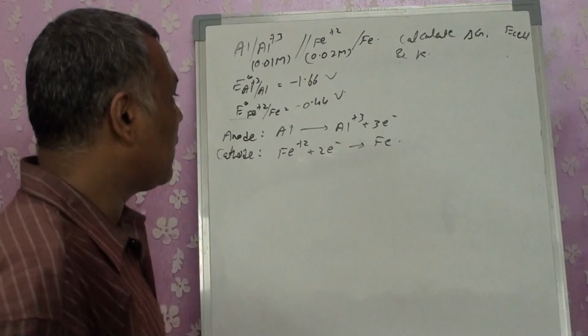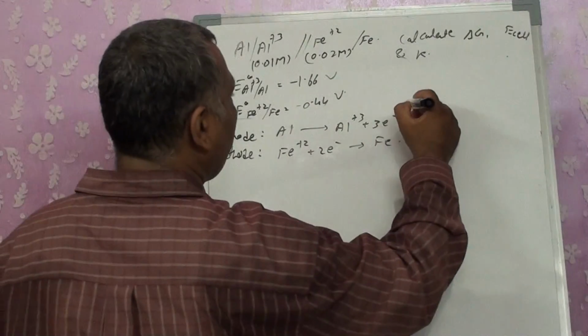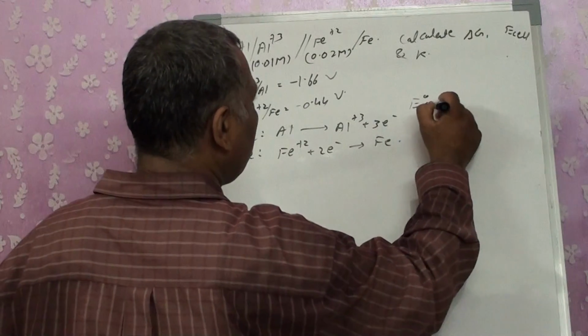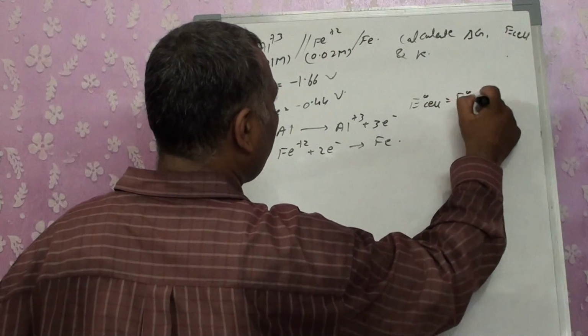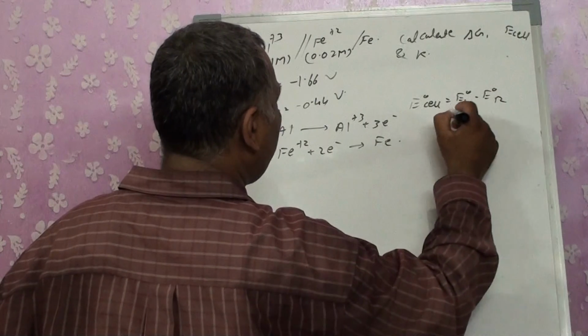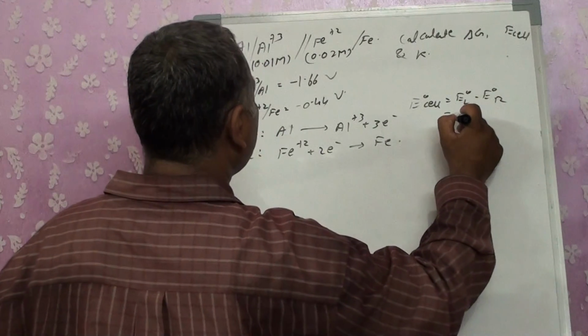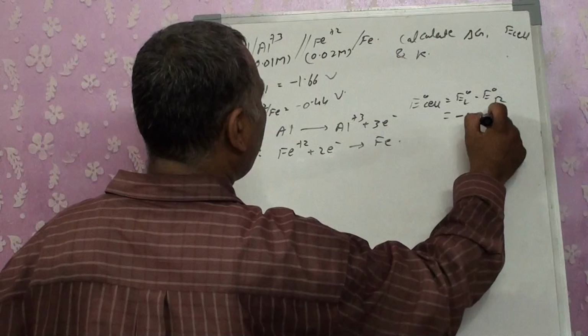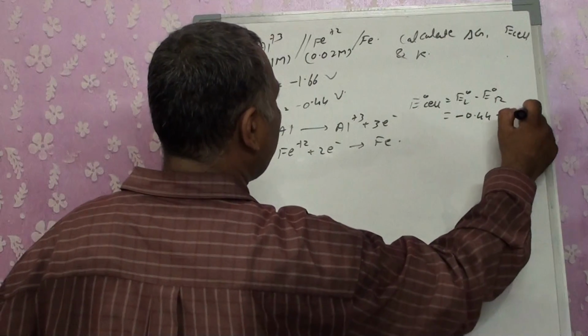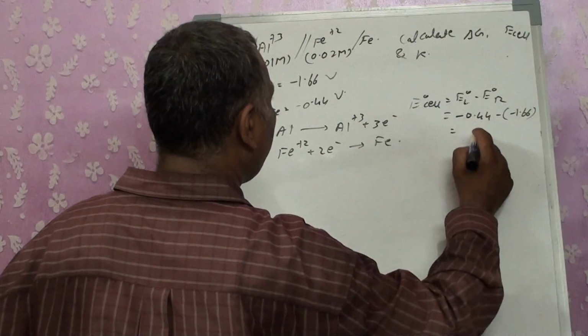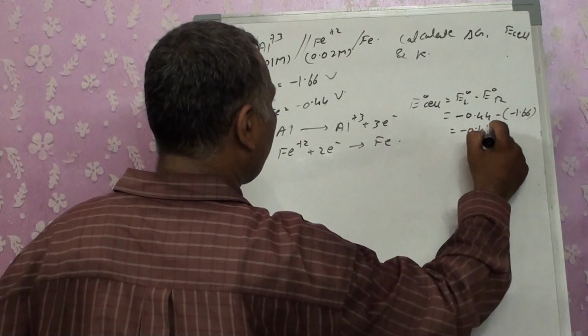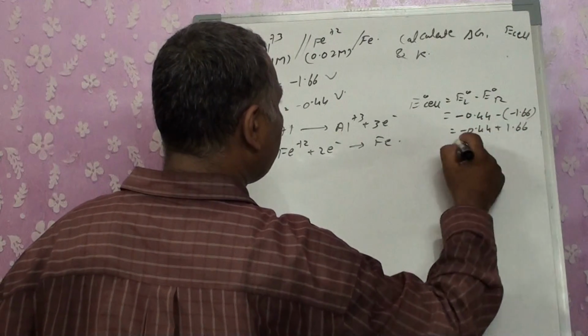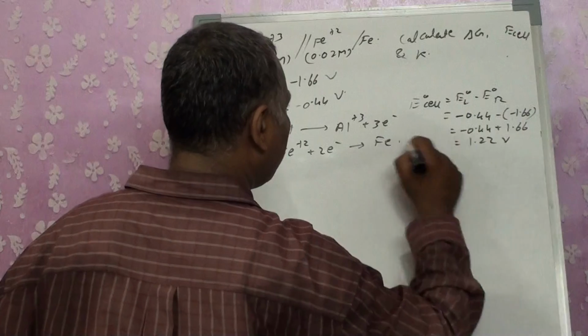Now this is anode and cathode known to us, so can we calculate E naught cell, that is equal to E of left minus E of right. We will get E of left as minus 0.44 minus minus 1.66, so minus 0.44 plus 1.66, that is 1.22 volt.